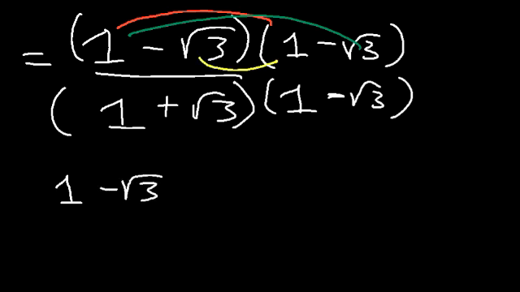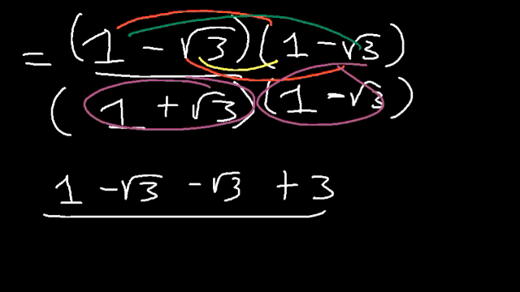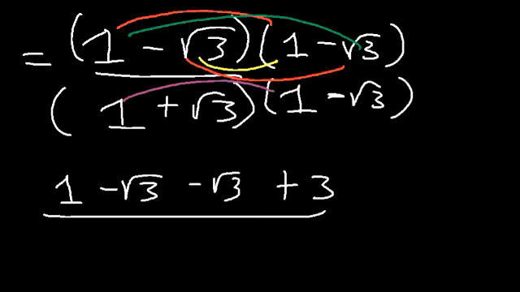And then these two will also produce minus root 3. And negative root 3 times negative root 3 is positive 3. On the bottom, the two middle terms will cancel because these two are conjugates of each other. So we only need to multiply the first two terms, 1 and 1, and the last two terms, root 3 times negative root 3, which is negative 3.